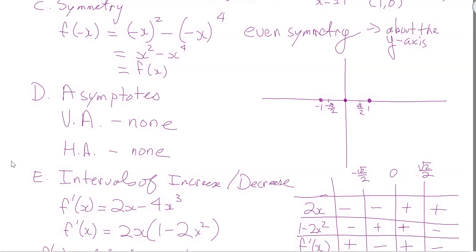Where's our max and min? We got a local min at 0, 0, and local maxes at plus or minus root 2 over 2 and 1/4. Let's make that 1/4. Okay, so we got the local maxes and mins. What else?